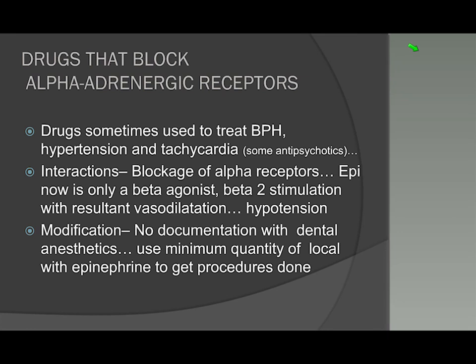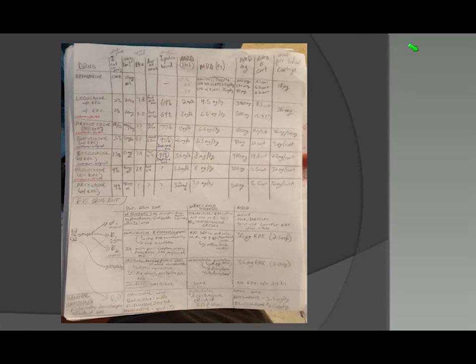Some antipsychotics also function as an alpha blocker, and you can get a beta 2 response there, stimulation and vasodilation, and actually a hypotensive crisis reaction. So it hasn't been really documented with dental anesthetics, but still there's a theoretical interaction, and we use minimal quantities when we encounter patients like that.